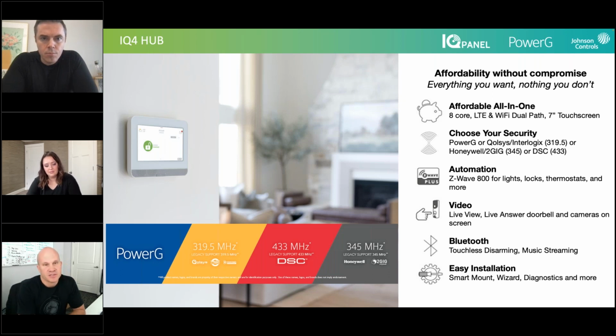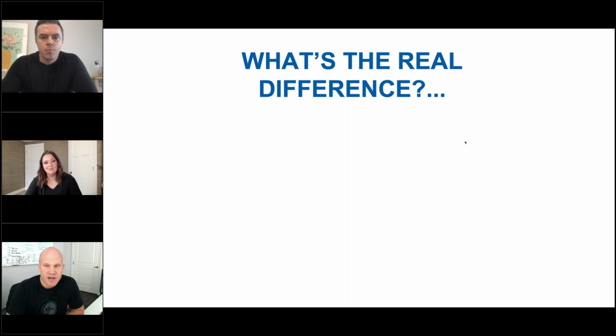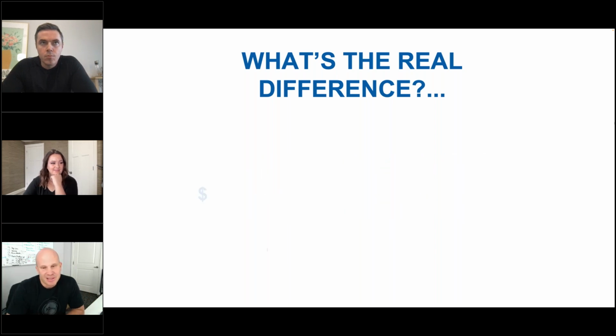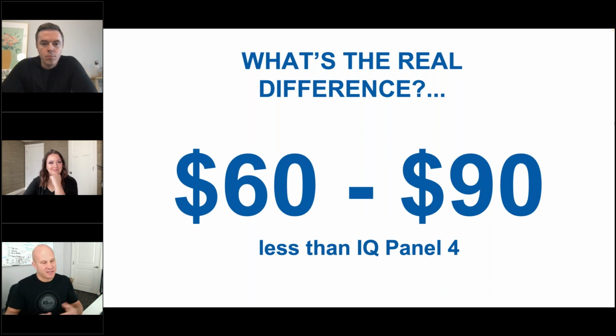So those are some of the differences, but I think most of us are asking, what's the real difference? And I would say that the real difference is price, right? Now, we always are a little bit careful when we talk about price because everybody has a different price and you buy through different distribution and you have your own relationships. But I can tell you that depending on your IQ Panel 4 price, if you're a big guy and you have really aggressive pricing on IQ Panel 4, you might save somewhere around $60 when you go to IQ4 Hub.